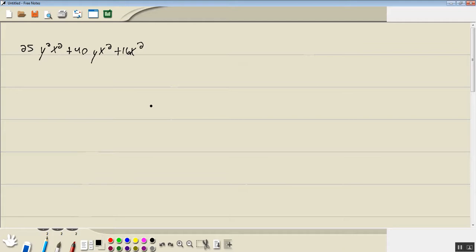Right away I notice they all have an x squared, so I can factor out a GCF of x squared. And that gives us 25y squared plus 40y plus 16.